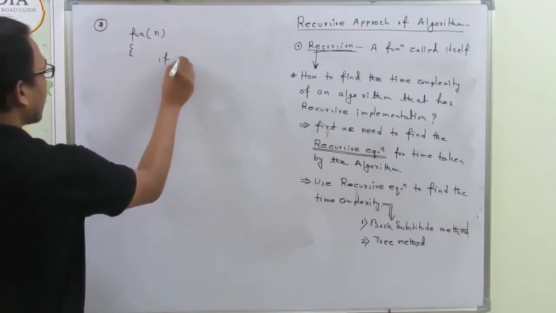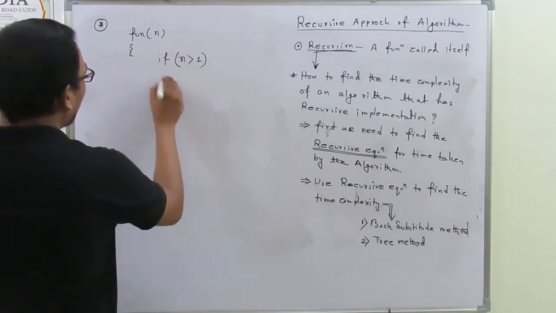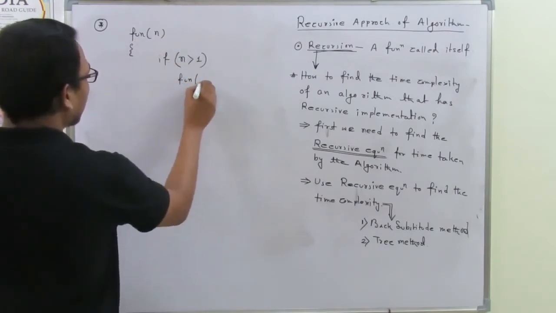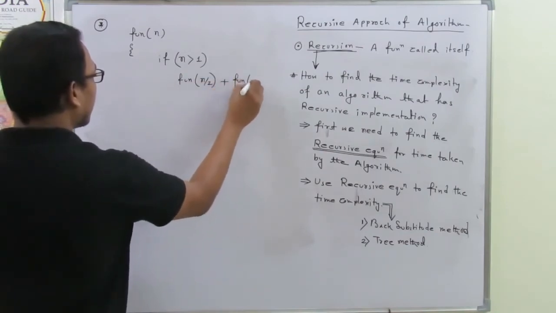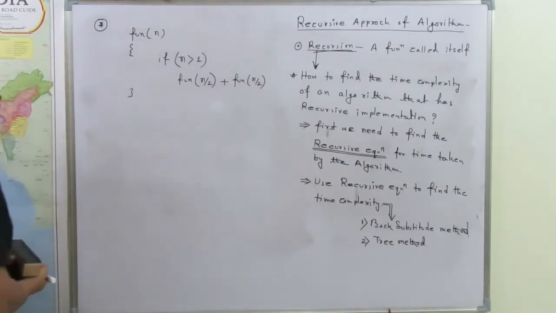If n is greater than 1, at that time we will call this function fun(n/2) plus fun(n/2). What happened?